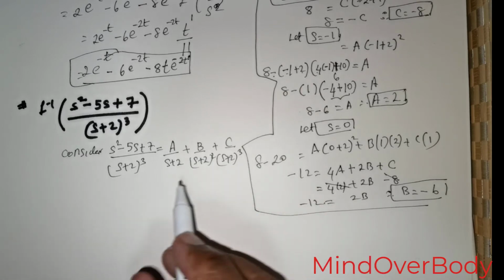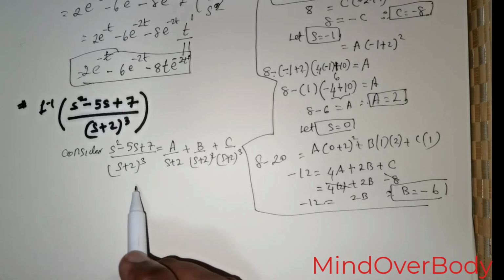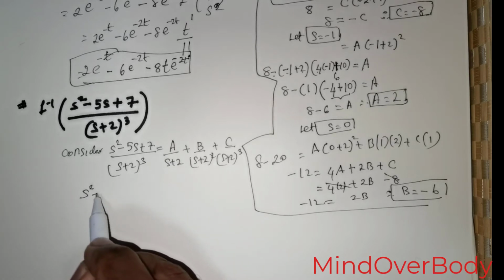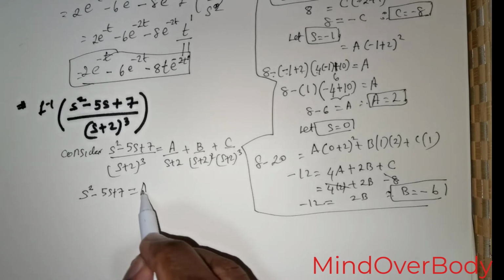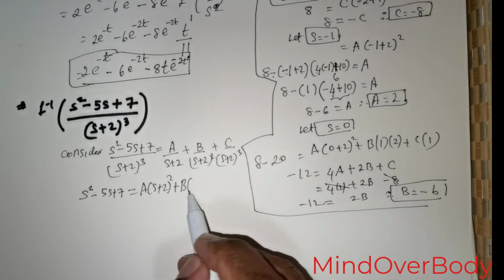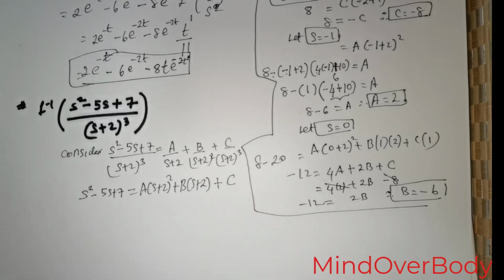So this is the way you have to fragment this component which you see in the denominator. Now if I were to cross multiply, I can rewrite this as S squared negative 5 times S positive 7 is equal to A times of S positive 2 raised to the power of 2 positive B times of S positive 2 positive C.